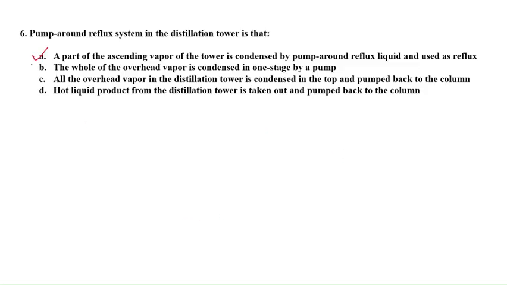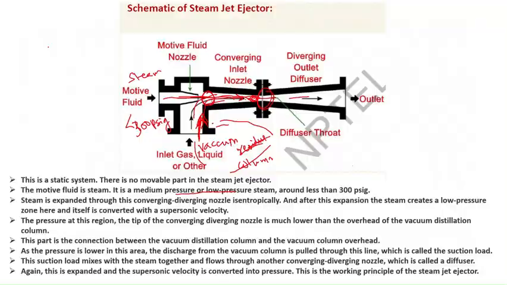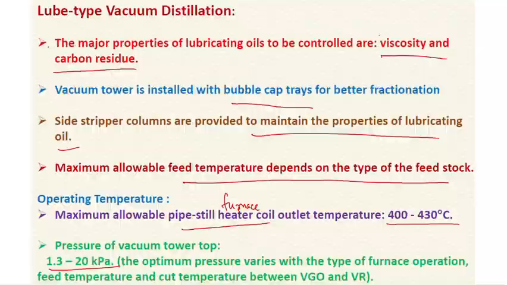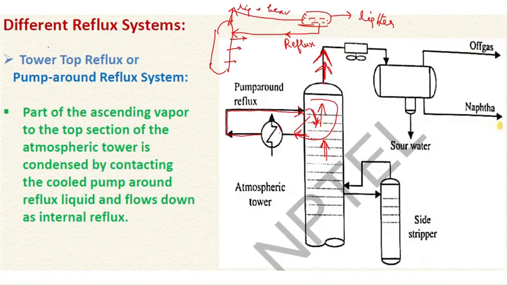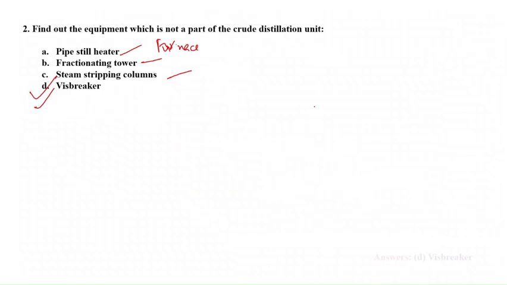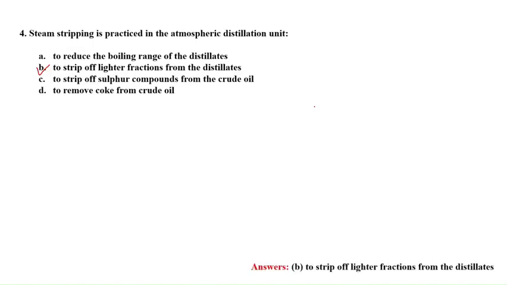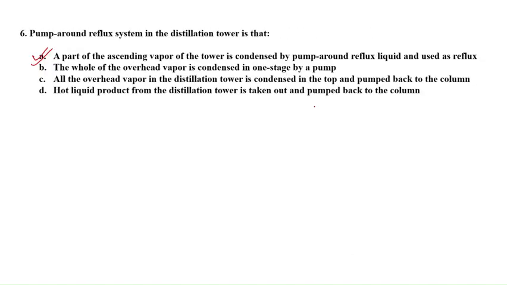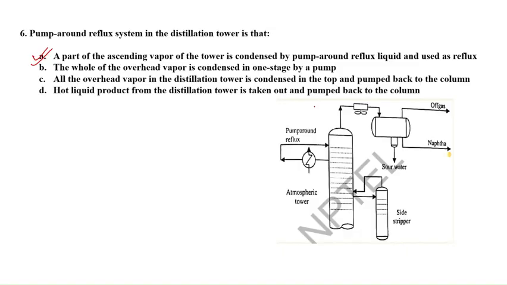As I told, let me show you. In the pump around, a part of the ascending vapor is taken, condensed and refluxed back into the column. Okay. Yeah, I have shown you.